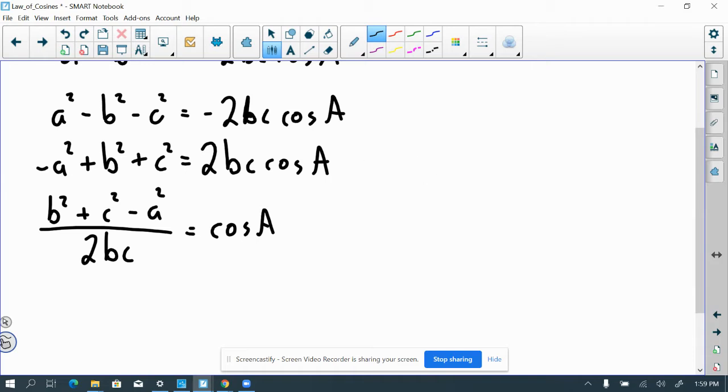And, well, I can take the cosine inverse of that, can't I? Cosine inverse. So I'm about to rearrange the domain and the range. That's an inverse property.